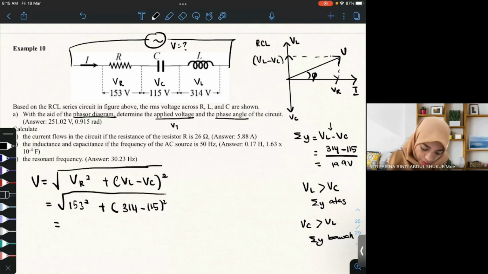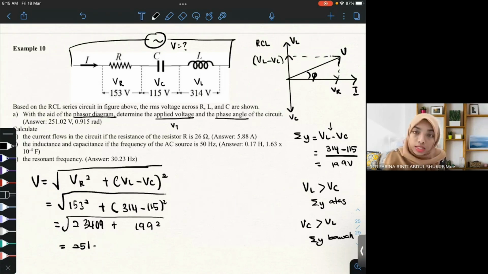So kita akan dapat 153 square, 23409 plus with 199 square. Square root semua. You should get 251.0179 up to 2 decimal places. So round off dapat this much.